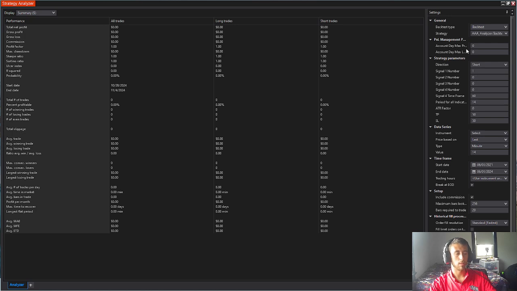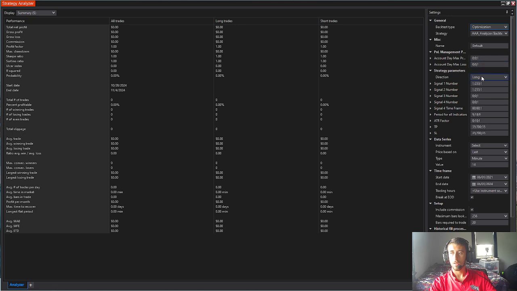Maybe in another version we'll change up the risk to reward, but 1-to-1, and we want a high percentage win rate. So let's see if we can find that. So do 18 by 6.